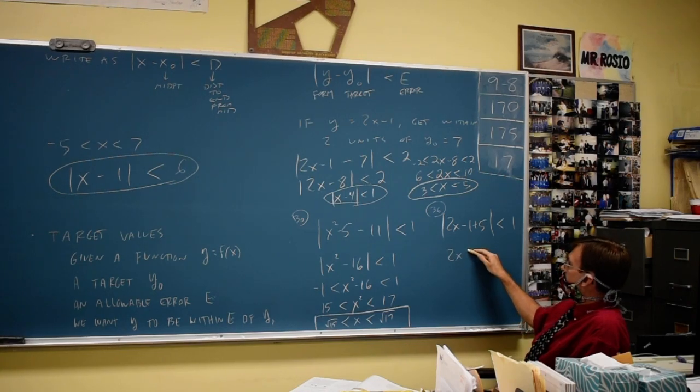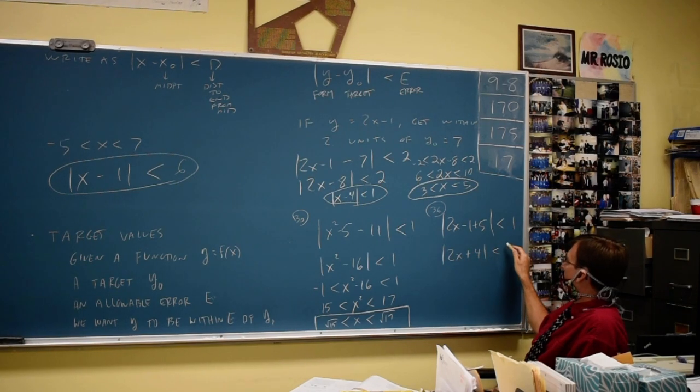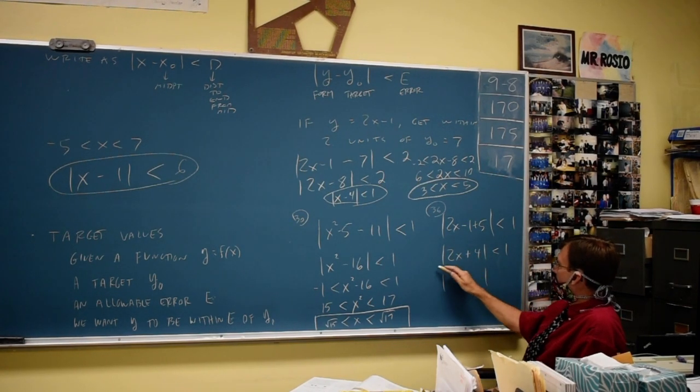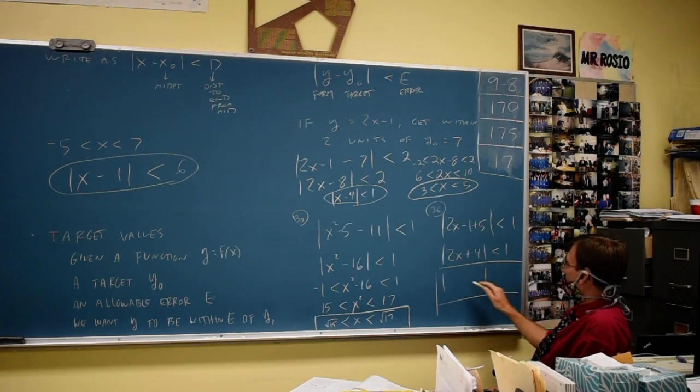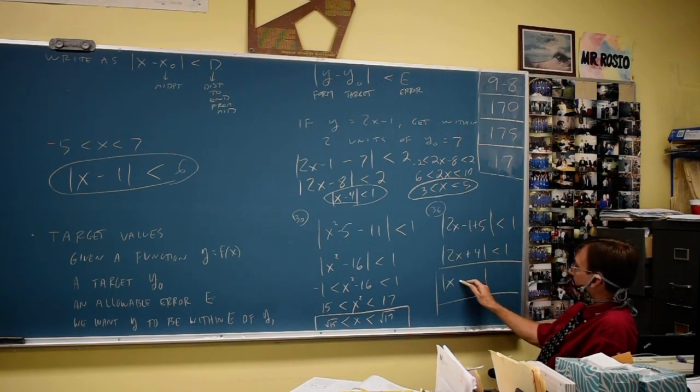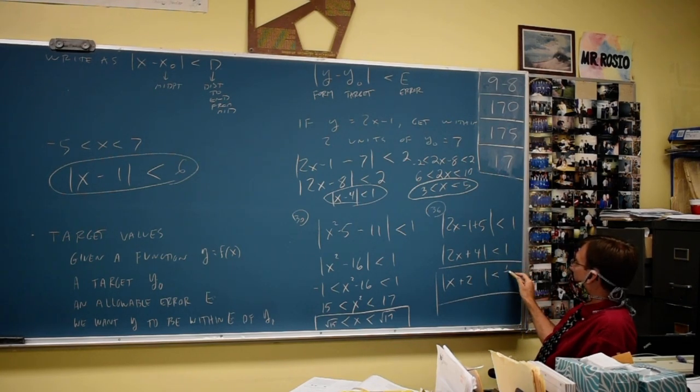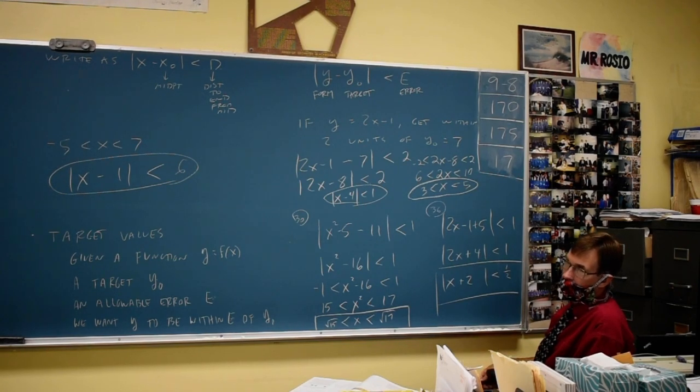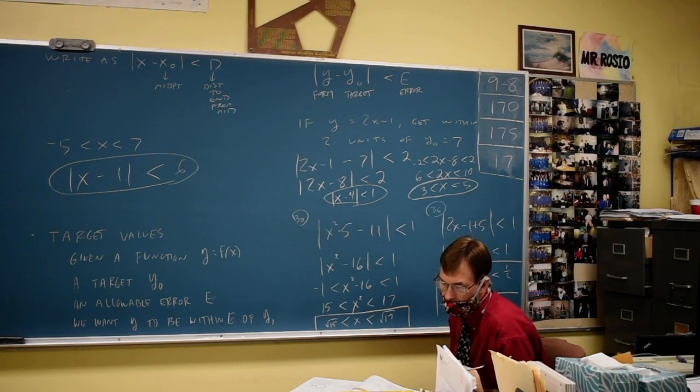So 2x plus 4 is less than 1. And then for the answer to be the way they want it to look, we want an x there, so plus 2, less than a half. And then we're good.